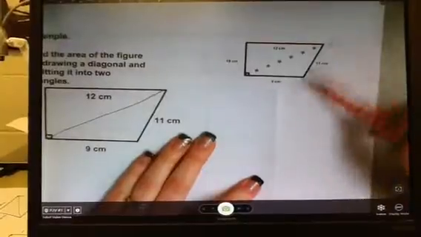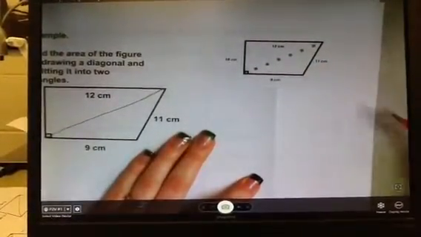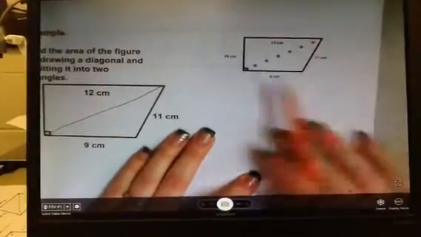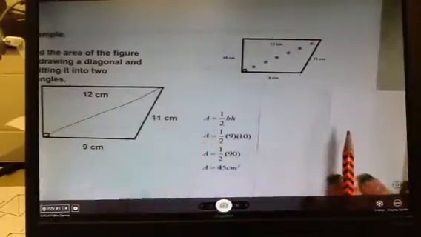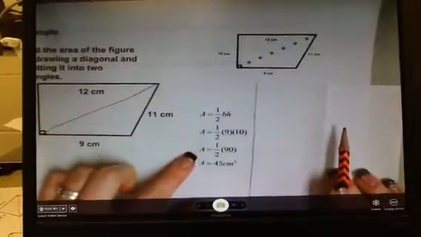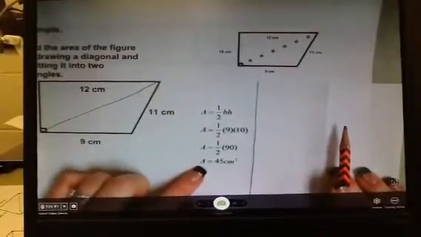It's not 11 because 11 is not a right angle to my base. So from the bottom to the top of this triangle, it is 10 centimeters. So I would multiply 9 times 10 to get 90. And then multiply it by 1/2 to get 45 centimeters squared.